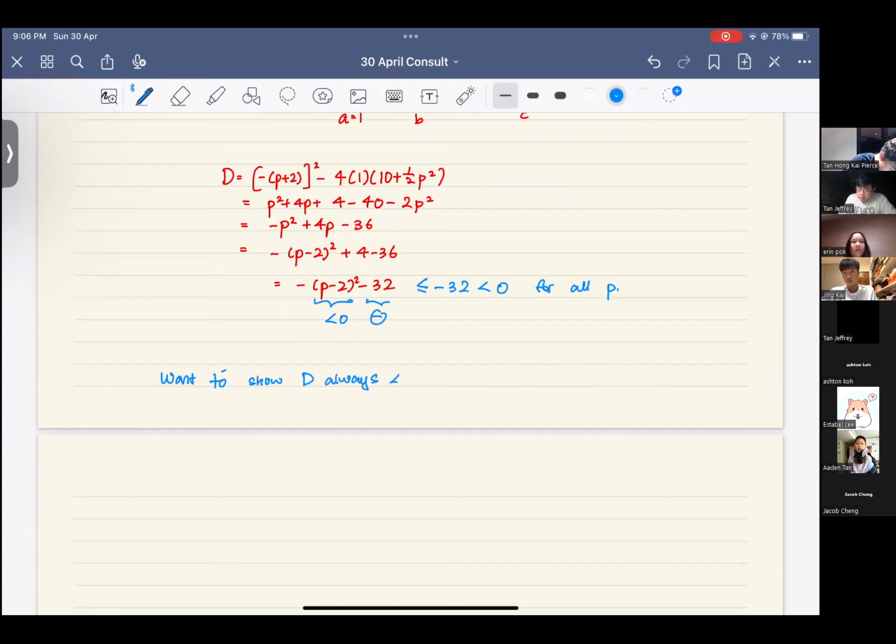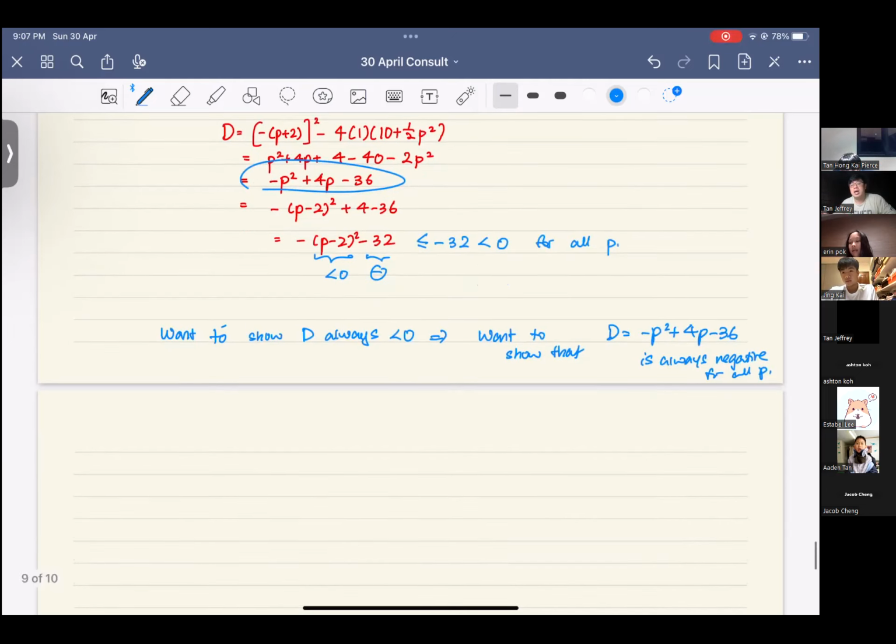That is, you want to show that this discriminant, negative p squared plus 4p minus 36, is always negative for all p, am I right? Look at the line. Now I'm going to tell you something. It may sound a bit ridiculous.